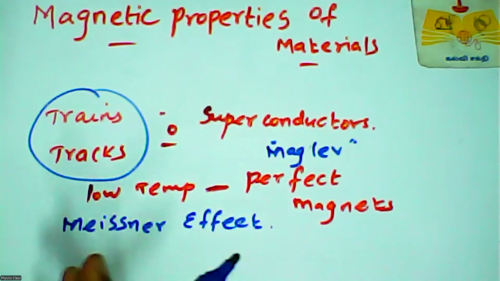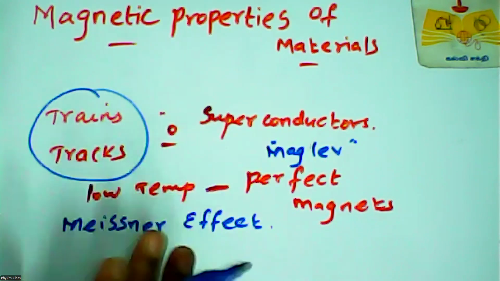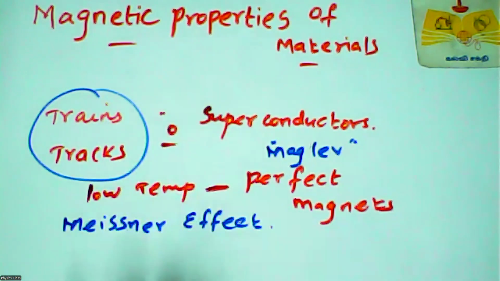So iron belongs to ferromagnetism. We will learn why materials behave like this. By the end of this class, you will be able to classify any material based on its magnetic behavior and understand the microscopic reason behind it.